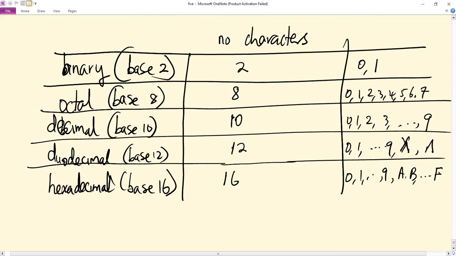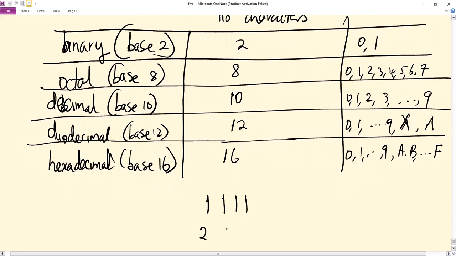Now, when we say each hexadecimal digit can be represented using 4 bits, for this binary we have 1, 1, 1, 1, so the maximum is this. These are the digits: power 0, power 1, power 2, power 3. So the total value will be 2 power 3 times 1, which is 8, plus 2 power 2 times 1, which is 4, plus 2 power 1 times 1, which is 2, plus 2 power 0 times 1, which is 1.